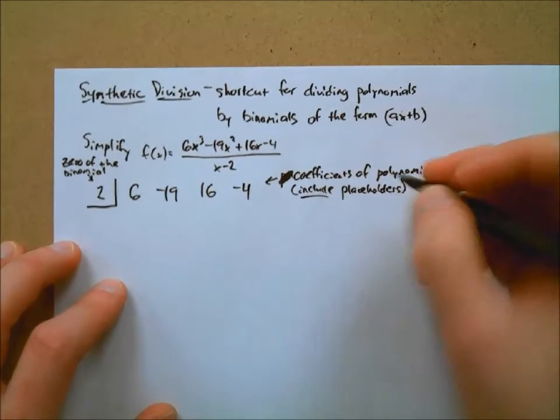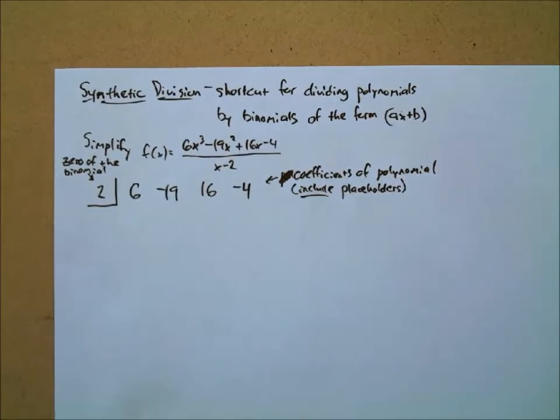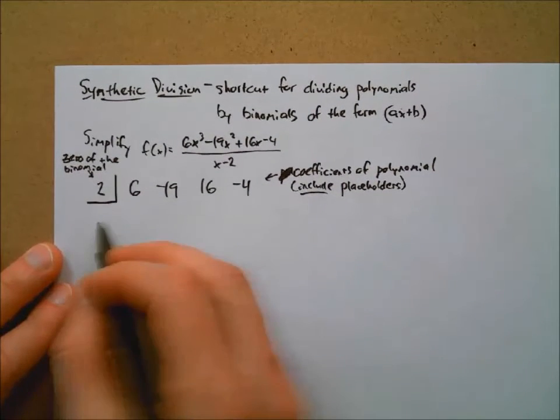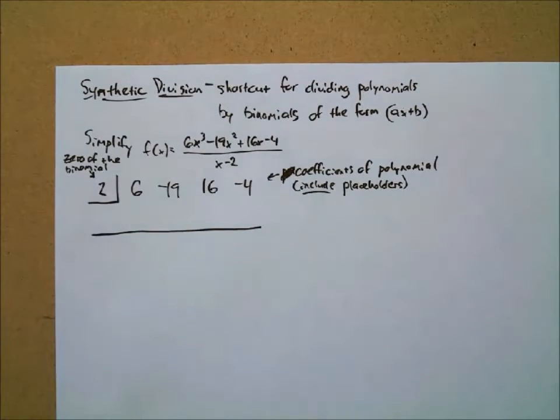In other words, if you jump from x cubed to x, make sure you put a 0 for the x squared term. If there's no x squared term, put a 0 in there for it. We're going to leave a line to do some work, leave some space there. And there's our setup for the synthetic division.